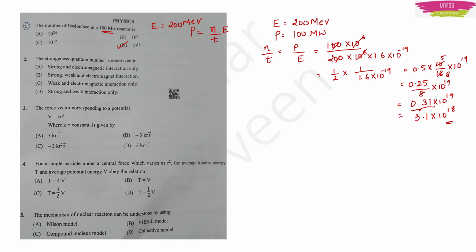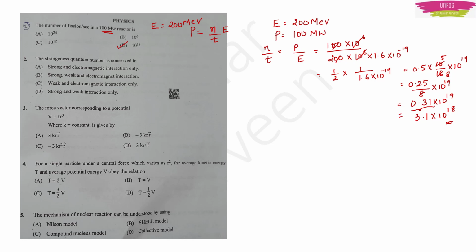Now coming to the second question. The question is, the strangeness quantum number is conserved in strong and electromagnetic interactions. Also they have given weak interactions. Now actually strangeness in particle physics is a property of particles expressed as a quantum number for decaying of particles in strong and electromagnetic interactions only.